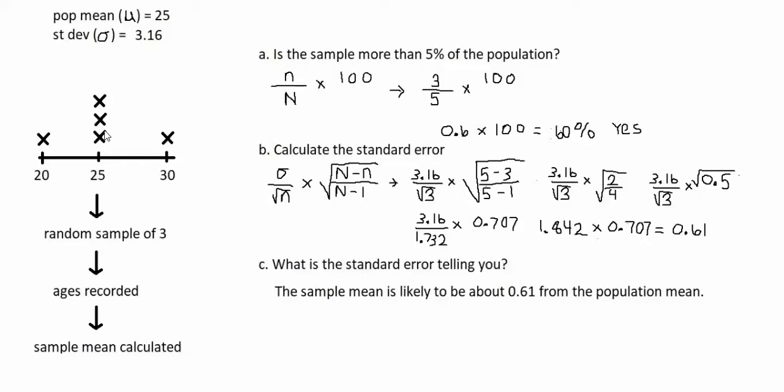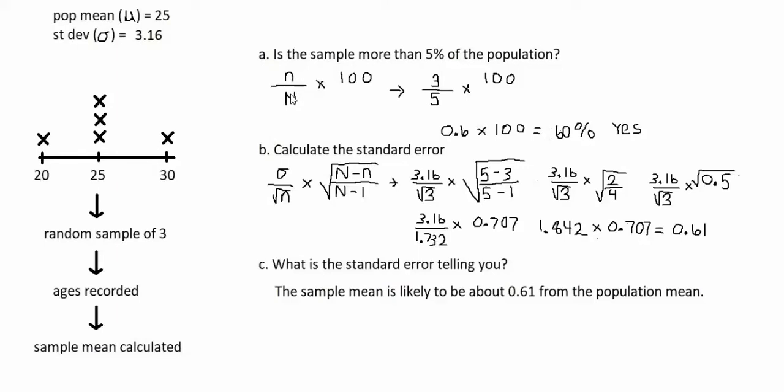So let's go ahead and try to calculate the standard error. So first we have to start with part A, which asks us if the sample is more than 5% of the population. We can get this answer by dividing little n by capital N times 100. Remember, little n is sample size, capital N is population size. So in this case, we're taking a sample of 3 from a population of 5. So little n is 3, capital N is 5.